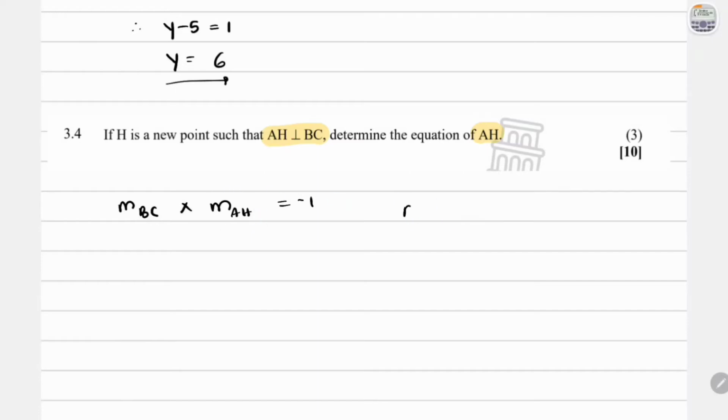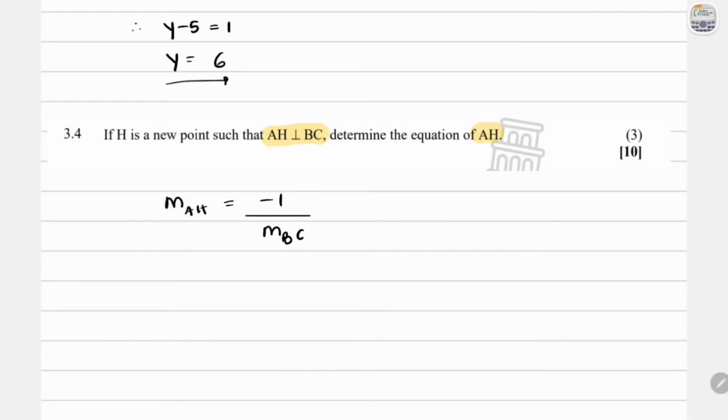To find the gradient of AH, all you have to do is divide both sides by the gradient of BC, to get rid of it. So you can actually just use that instead. I'm really just going to say that in order to find the gradient of AH, I'm just going to say -1 divided by the gradient of BC, and that's all.